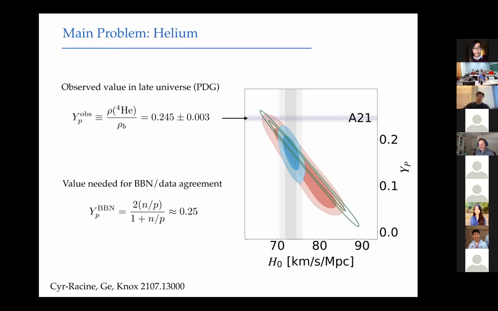Then there was another which added just dark atoms but didn't do anything else except allow for YP to float. And the one that corresponds most straightforwardly to just adding dark atoms is the interior blue ellipsoid, the one that stretches least far out and is perhaps in greatest tension with YP. But maybe Lloyd can say something a little more about that if I didn't get it quite right.